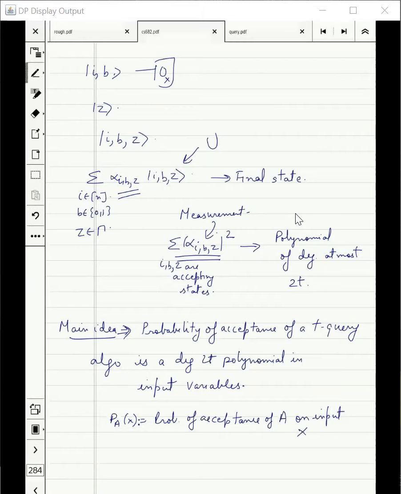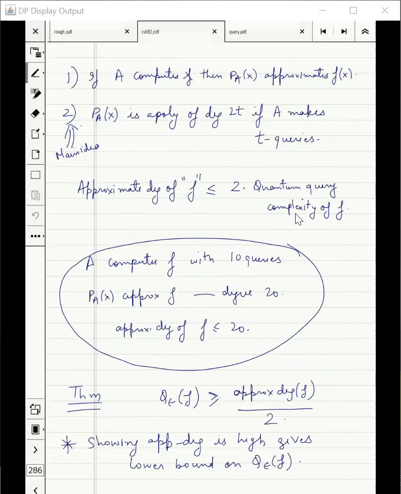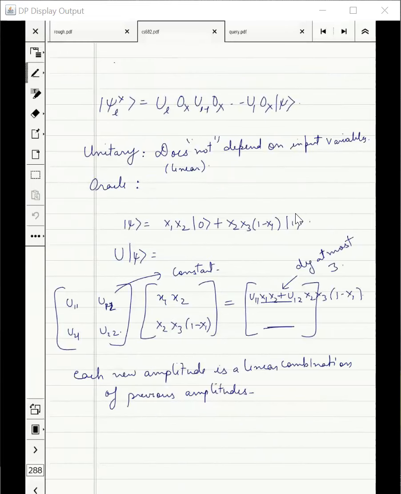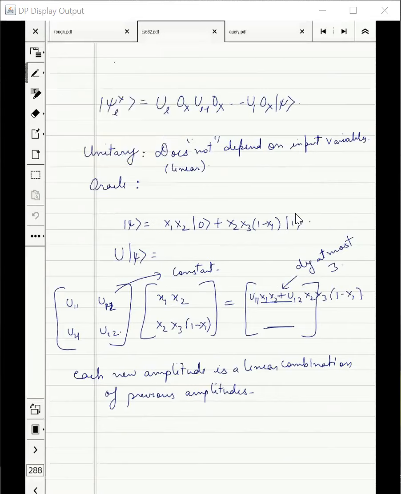A unitary will just make linear combinations of amplitudes, and then I measure in the standard basis. It will always be a polynomial of degree at most t. It was the same idea. Right, the first hurdle is taken care of.